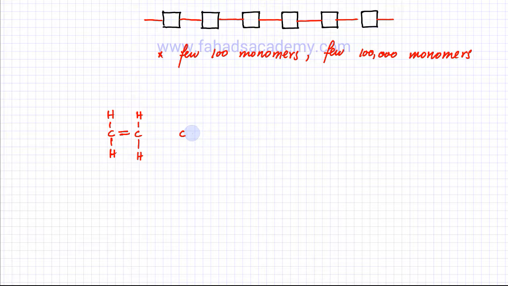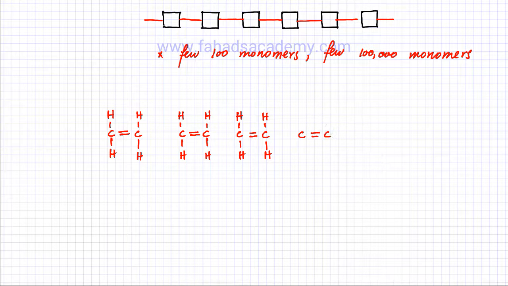This would be another ethene molecule. Now we have all these ethene molecules, and let me draw 5 of these.